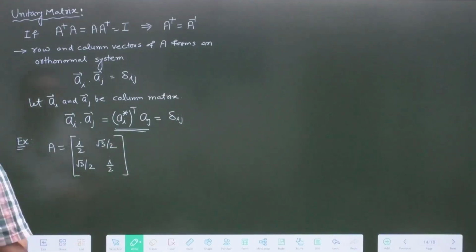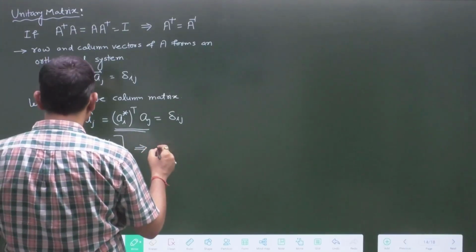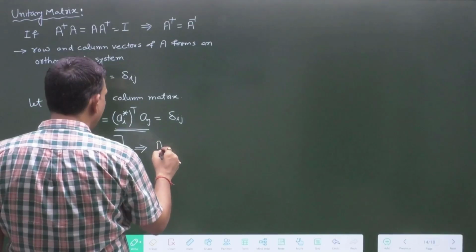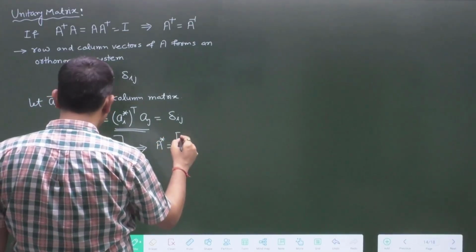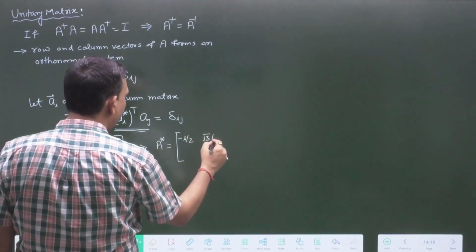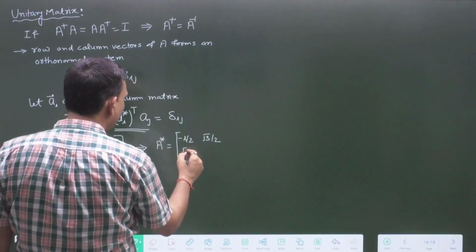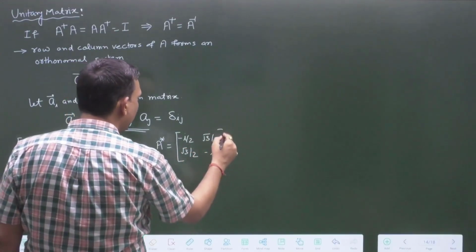First you should check this. What will be the complex conjugate? Minus iota by 2, root 3 by 2, root 3 by 2, and minus iota by 2.